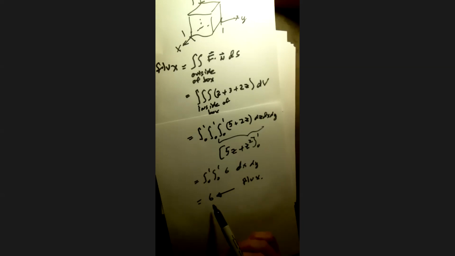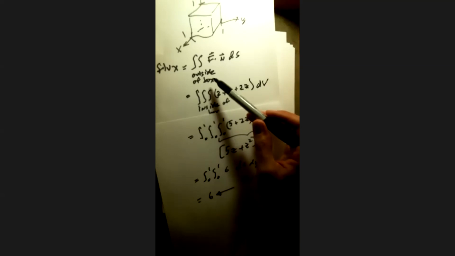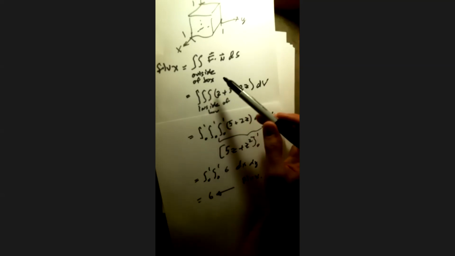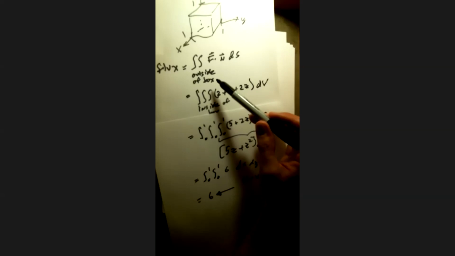You have positive flux. More stuff is leaving the box than coming into the box. So we have a source, which is pretty cool. And by using the divergence theorem, we calculated 1 triple integral instead of having to break this surface integral up into 6 different mini surface integrals because of the different parts of the surface.